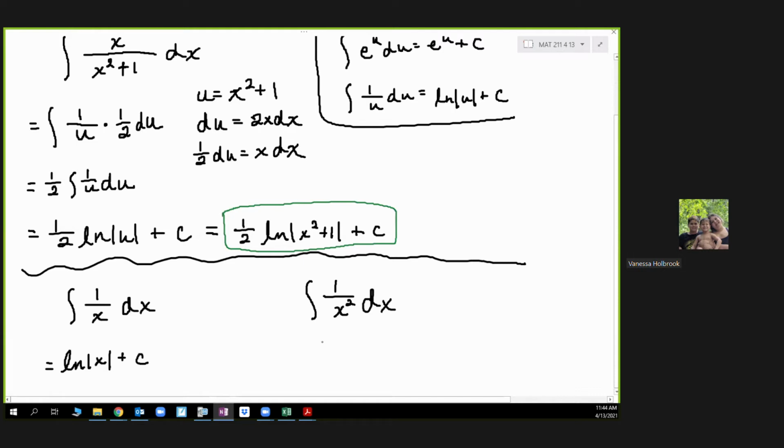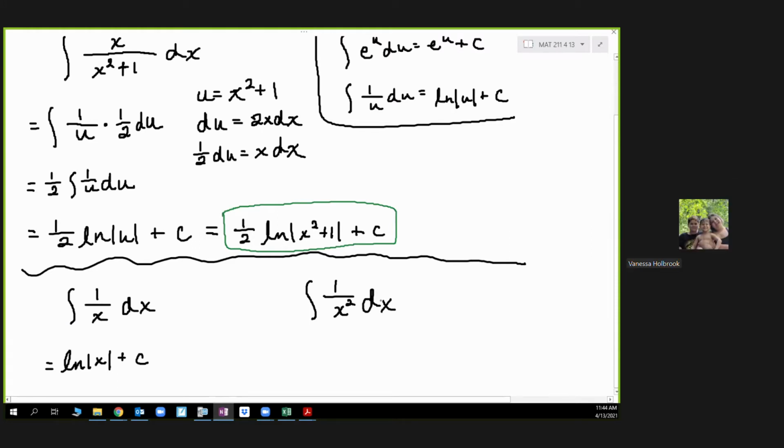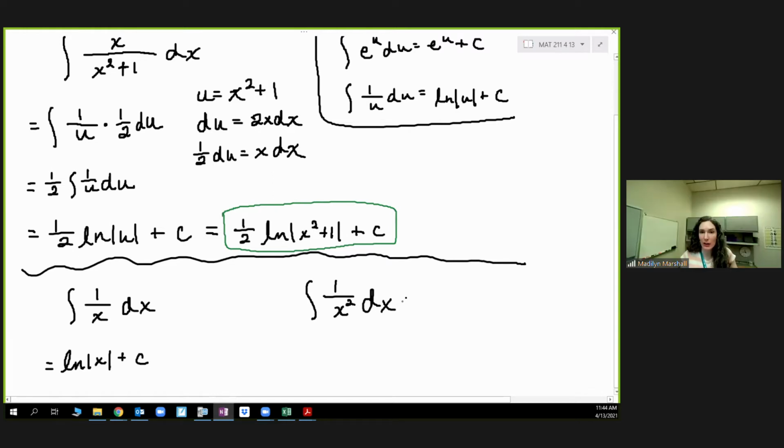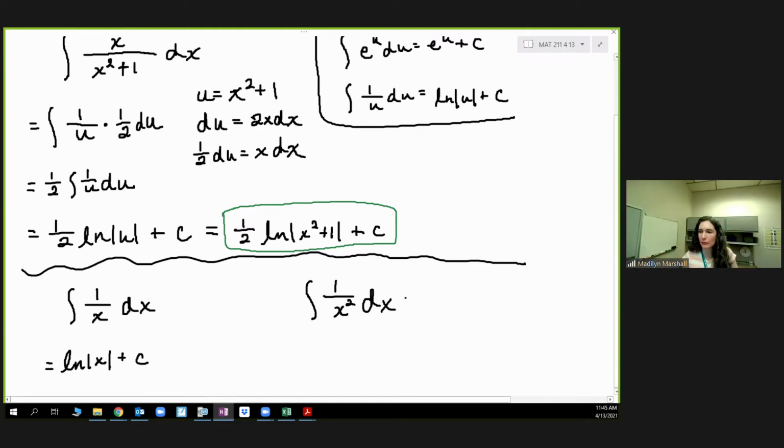And then the other one we use substitution, right? You actually don't need substitution in this case, because there's no interior and its derivative here.